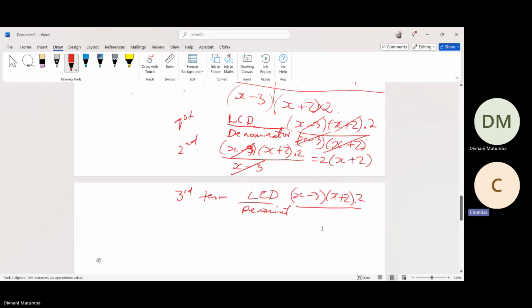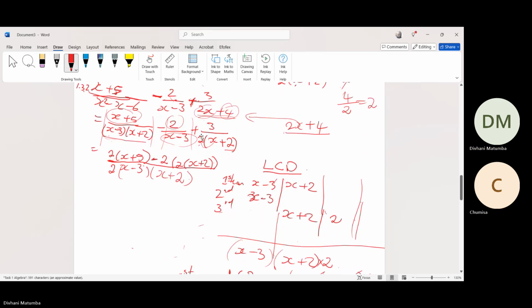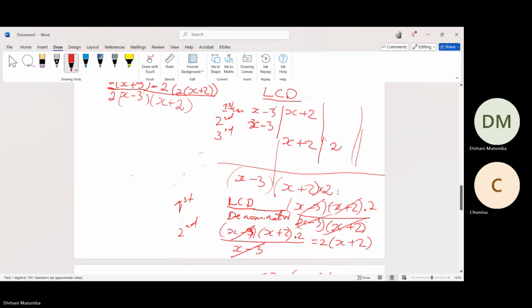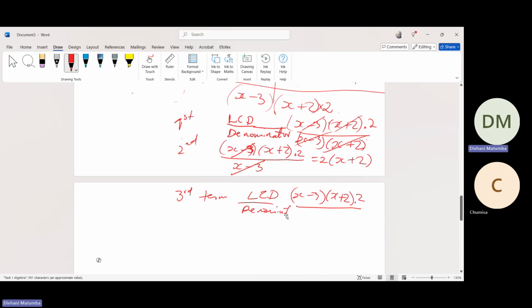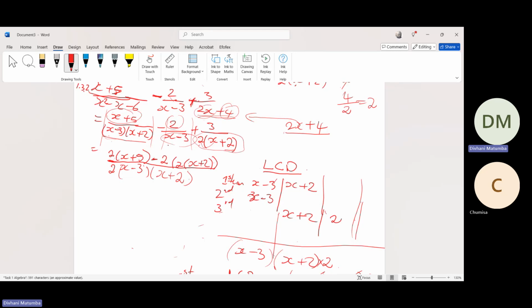It's not just x plus 2. We take everything: 3 is the numerator and 2 times x plus 2 is the denominator. You agree? Yes, sir. So this is the denominator. We take everything.